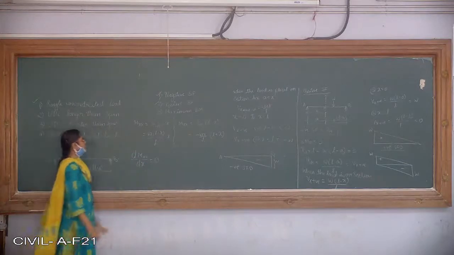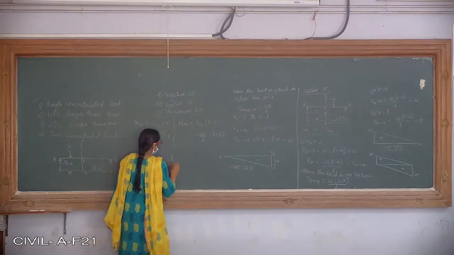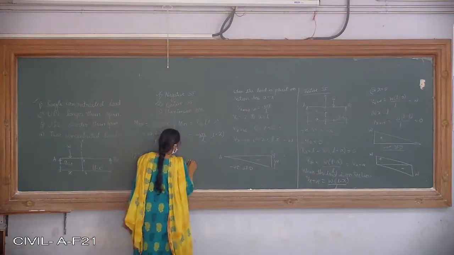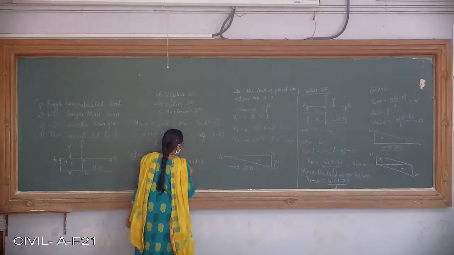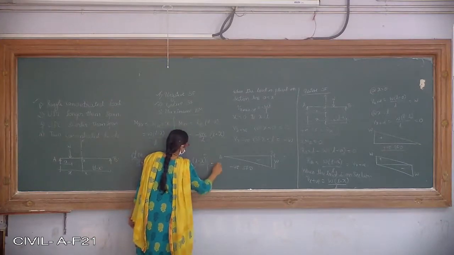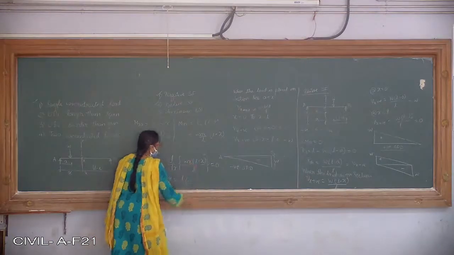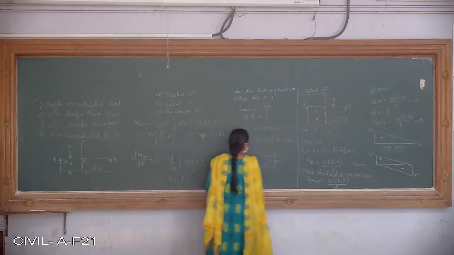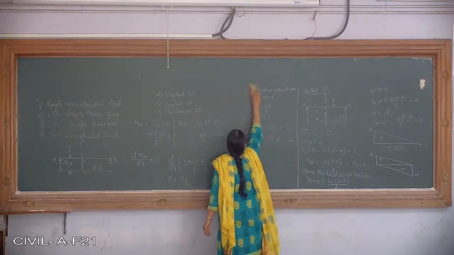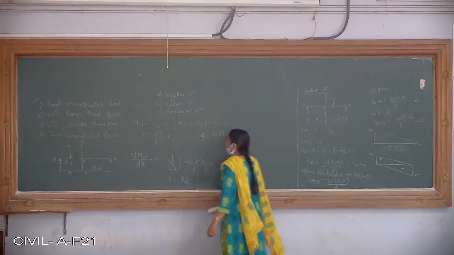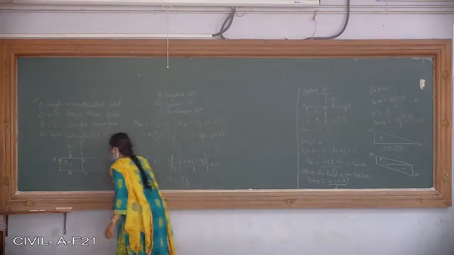So on differentiating this expression, that is d by dx of Wx into L minus x upon L equals 0, you get x equal to L by 2. So you can substitute the value of x as L by 2 in the expression and get the maximum bending moment, which will be called the maximum absolute bending moment.